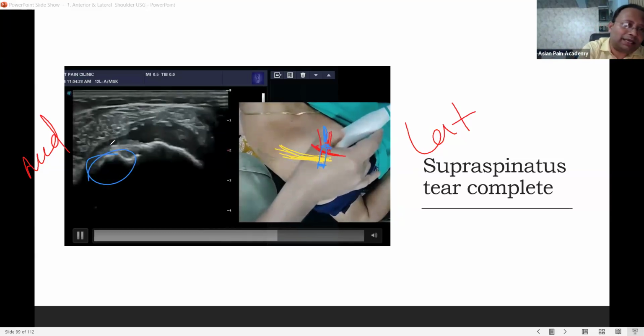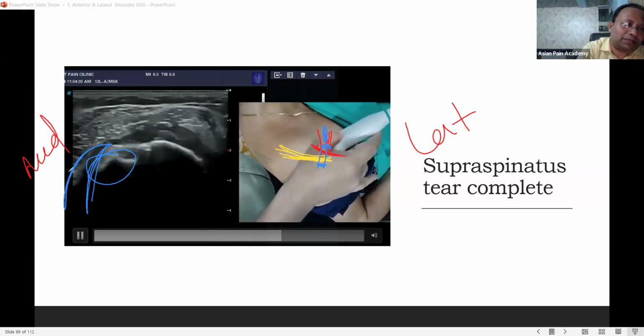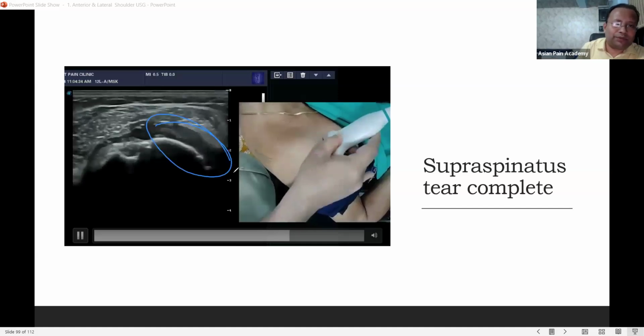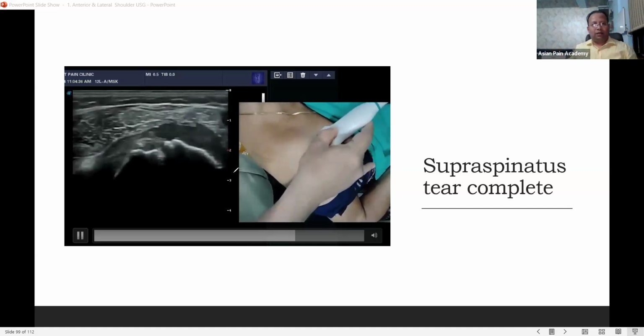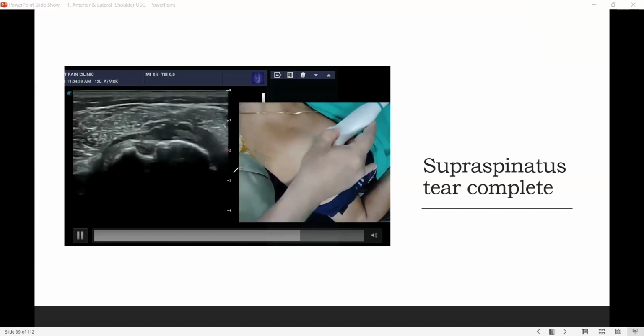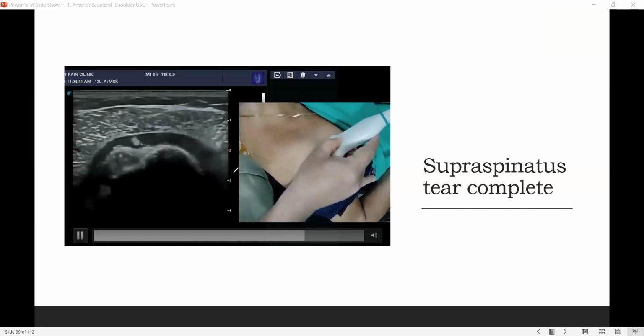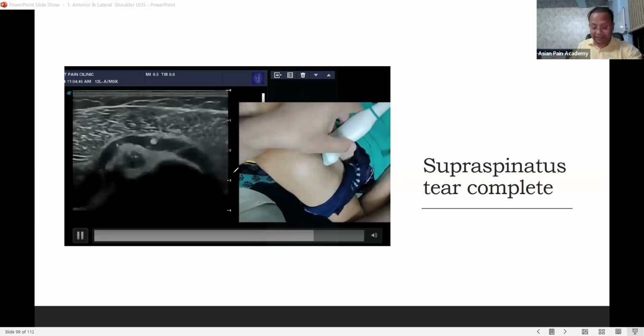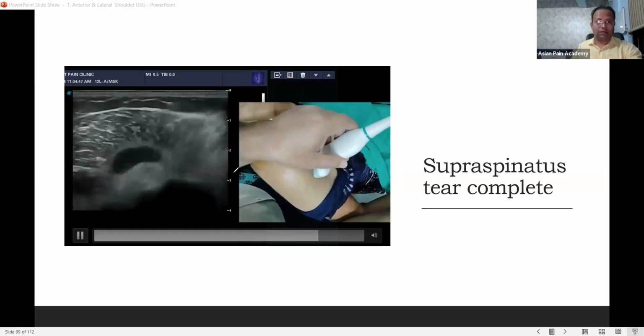So that is what we are seeing. On the medial side we are seeing the subscapularis, and on the lateral side there is no supraspinatus. Try to understand this picture. Otherwise, orientation takes time, of course.